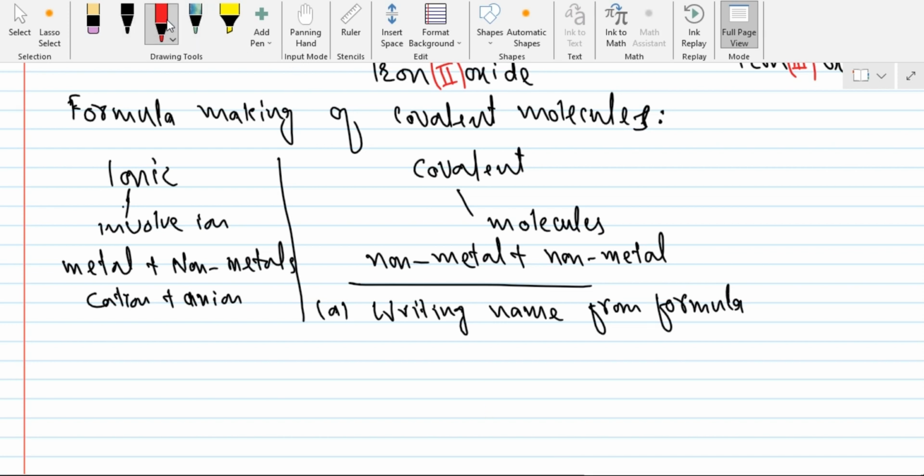So from the name, if you are going to write the formula, first write the number of atoms, followed by the name of the atom.